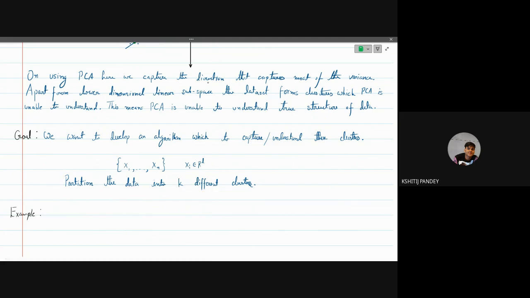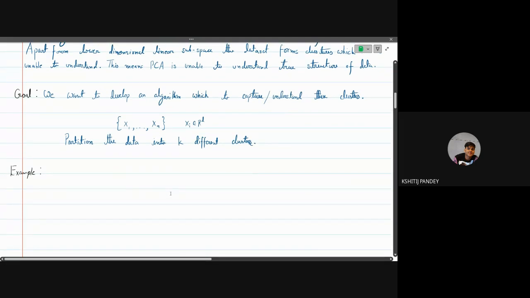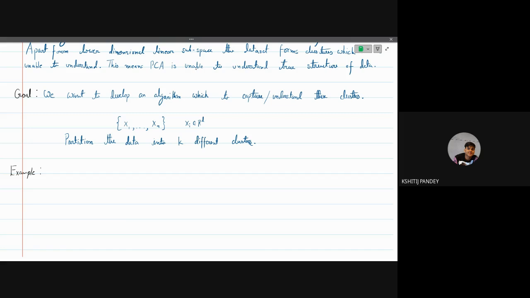For example, there can be multiple ways of clustering this data, right? Let's say we have chosen k equal to 3, and the data set is x1 to x5.